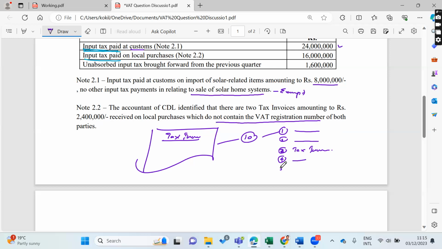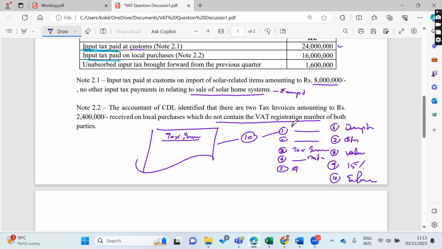the serial number or invoice number, then the date, and the description, and the quantity, and the value, and the VAT rate, 15%, and the total consideration.